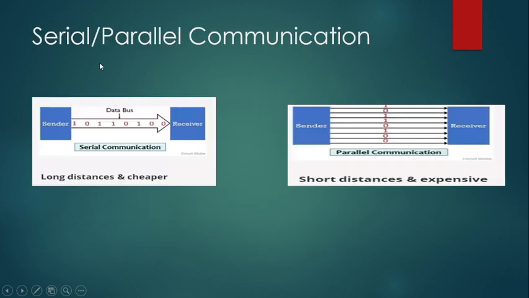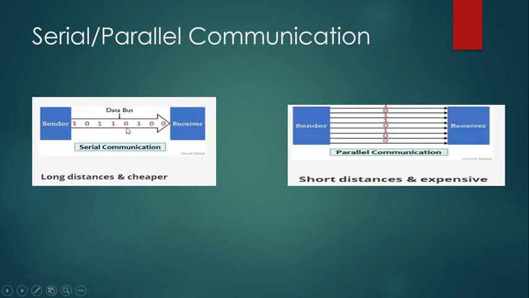Now, in port communication, there can be serial ports or parallel ports. Serial ports enable serial communication, and parallel ports enable parallel communication. In serial communication, at one particular time only one bit can be transferred on the data bus.